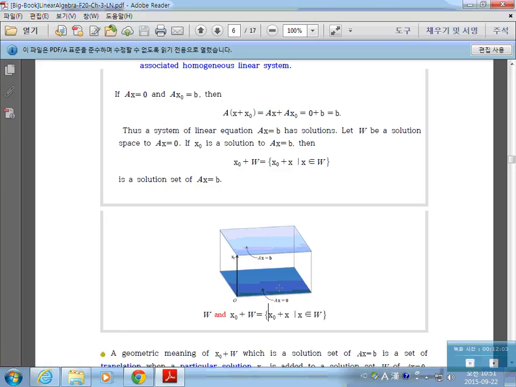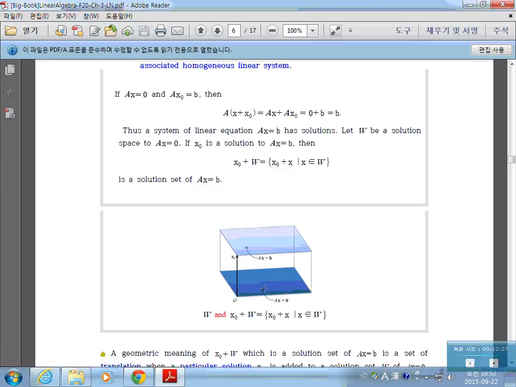Then all you have to do is just find a particular solution that satisfies this, which is x0. That can be any solution that satisfies this. And just add this x naught to the whole set of vectors in the solution set for this associated homogeneous system. This is what it says.